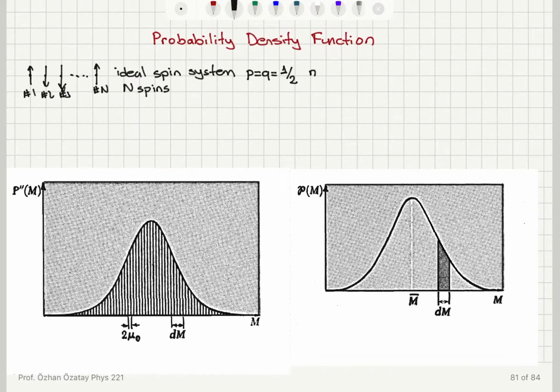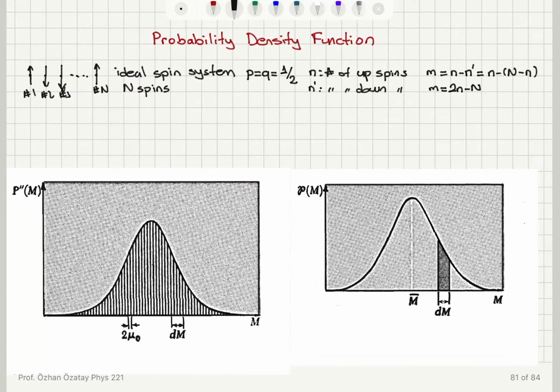I call N the number of up spins, and N prime the number of down spins, and the net number of up spins, the total magnetic moment number, is N minus N prime, which is N minus capital N minus M. We have shown this to be 2N minus capital M. That's the total magnetic moment number. That's the net up spin number if the moment and the spin directions are parallel.